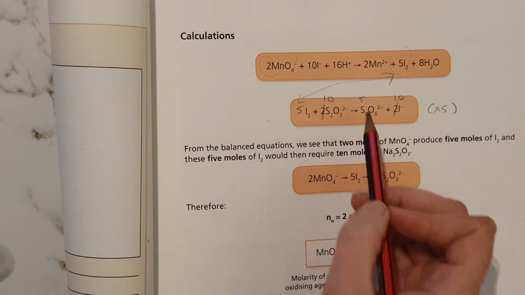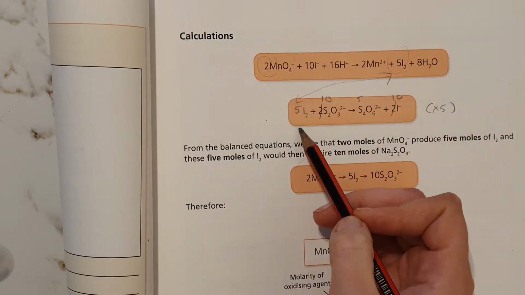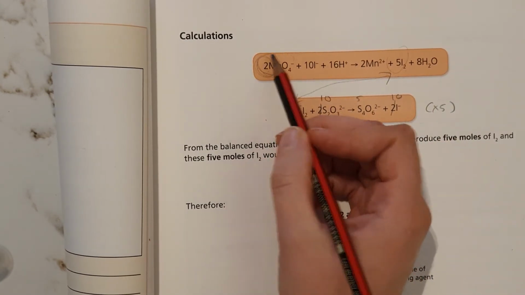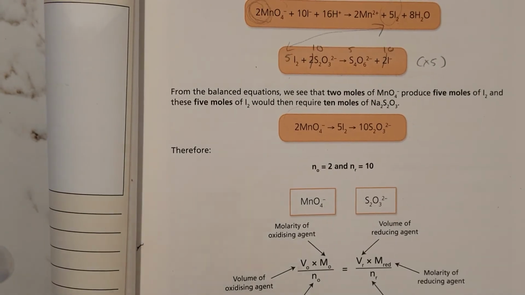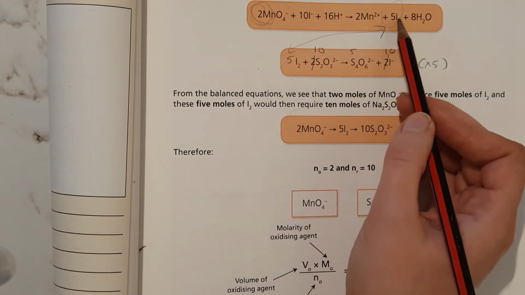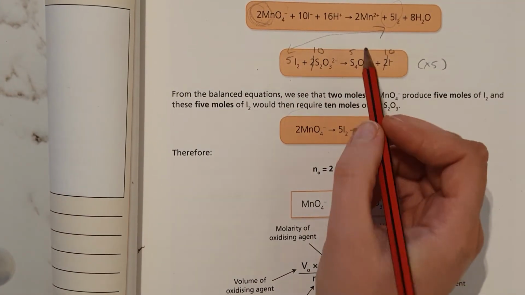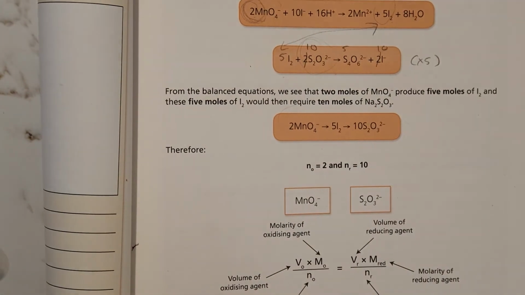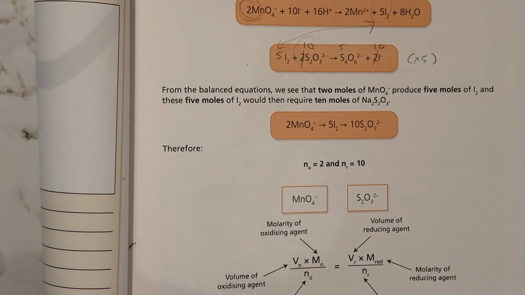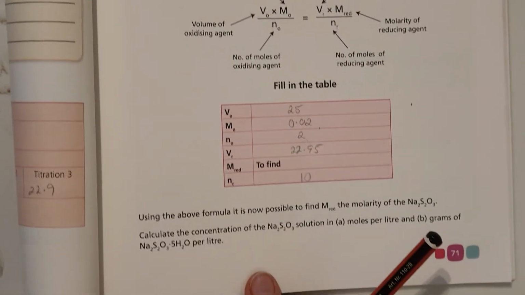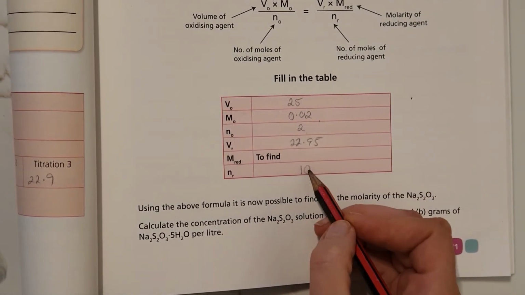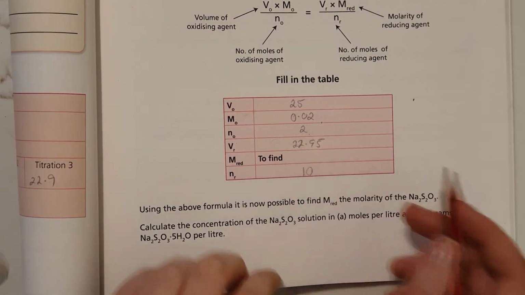You'll only get these two, so you'll need to go from here to here. So our oxidizing agent has a 2. Moving along, multiplying this line by 5, we can see that our reducing agent has a 10 beside it. So that's where the 2 and the 10 come from. This is just your average titer.